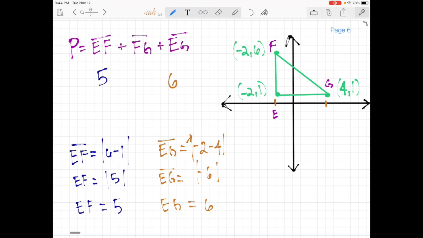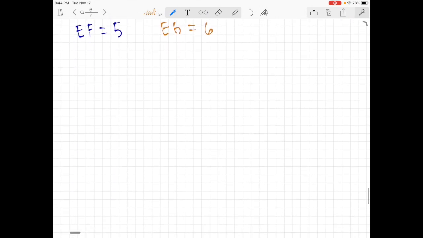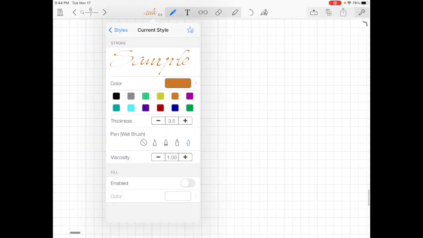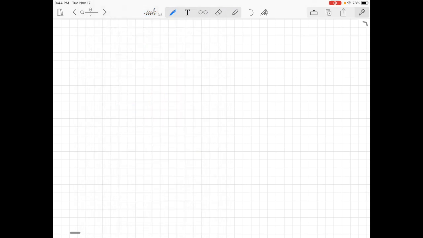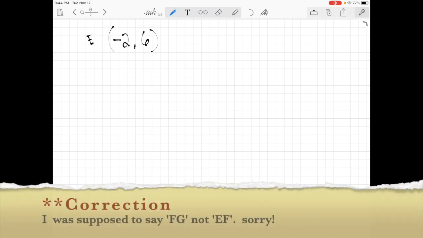So now I got this other one, the hypotenuse here, FG. And I can't just count that one. This one I'm going to have to do the distance formula. So my 2 points, that's at -2, 6 and 4, 1. -2, 6, that I think was E, and then F was at 4, 1.